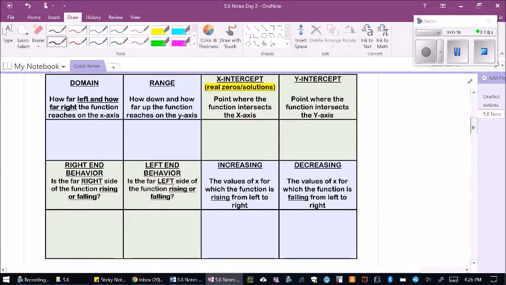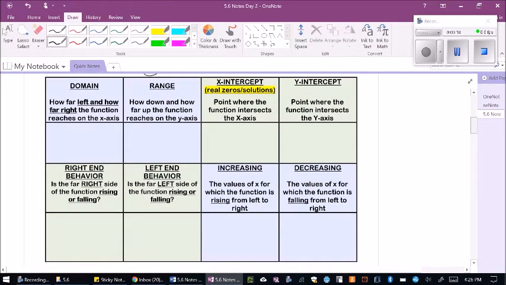So this is going to mean that my domain is going to be negative infinity to infinity. And this will happen with every single function. This happened when we talked about an absolute value, it happened when we talked about a line, it happened when we talked about a quadratic. So I know that every x value is possible.